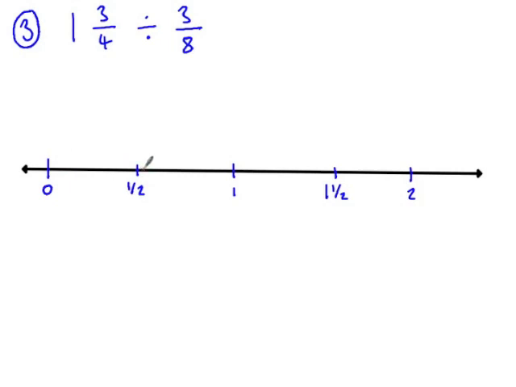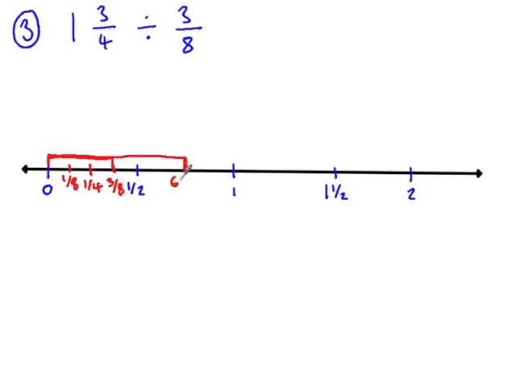3/8 is 3/4 of a half. If you imagine half of a half is 1/4 and half again is an eighth, and in between 1/4 and a half is 3/8. So there's my first lot of 3/8, and then if I add another 3/8, that's 6/8, which is the same as 3/4.